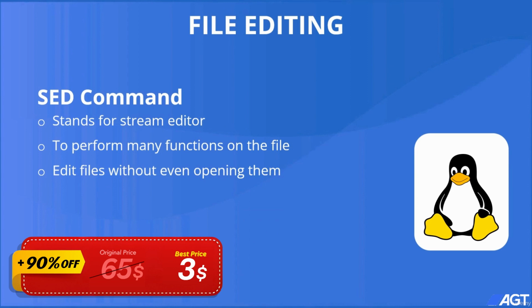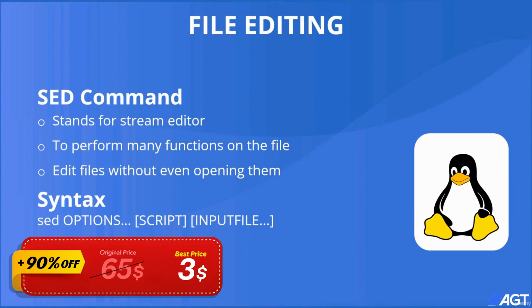So it's a much faster way to find and replace something in a file than to first open that file in a visual editor and then replace it. So here's the syntax of sed: sed, options, open square bracket script, close square bracket, open square bracket input file, close square bracket.